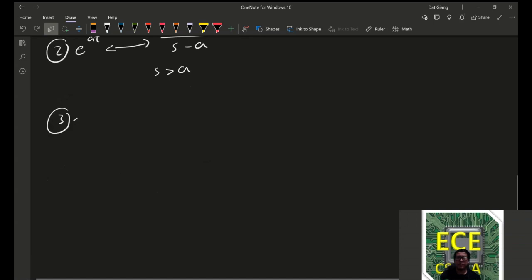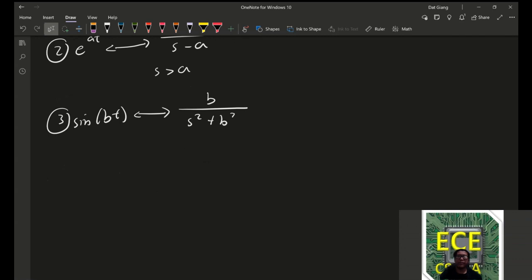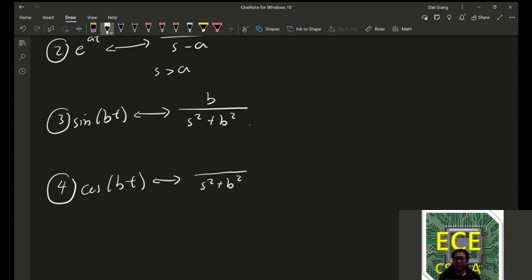3. Sine of bt. The Laplace transform of this is b divided by s squared plus b squared. Or subsequently, we have the constant on top divided by some squared parameters. This is important because if we have cosine of bt, we have the same bottom part, except there's an s on top.